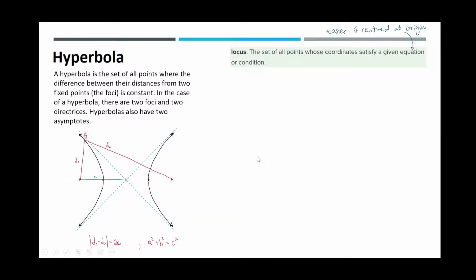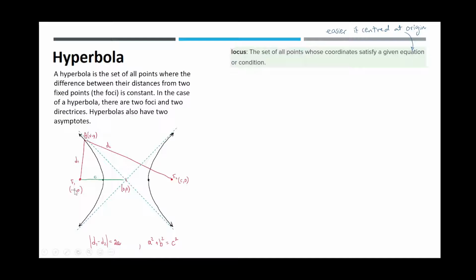Now it is time to develop the equation of the hyperbola. So it's going to come from the set of all points whose coordinates satisfy the given equation. We're going to come up with an equation centered at the origin from this condition of hyperbolas, which is the set of all points where the difference between the distances from the two foci is always constant. Because we're doing it from the center, imagine this point is 0, 0.